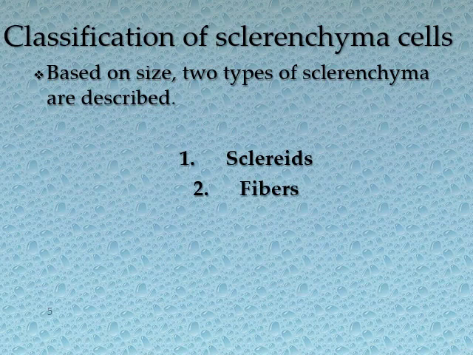Sclerenchyma are classified on the basis of the size of their cells. On the basis of size, Sclerenchyma has two types. One is Sclereids, the second one is fibers.